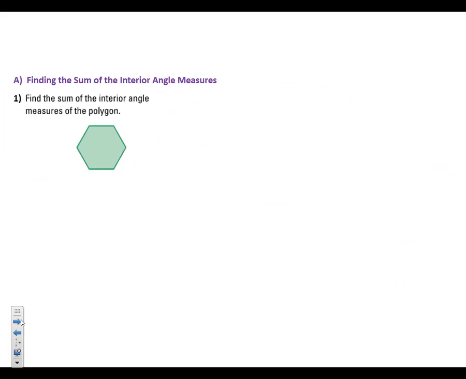And let's do what we said we were going to do in this first video. Find the sum of the interior angle measures. And we're going to do it for this particular polygon. So ladies and gentlemen, we know we're going to use this formula that we're asked to understand, 180 times n minus 2. And so the first thing we've got to do, because we want to know what the sum is, is count the number of sides.